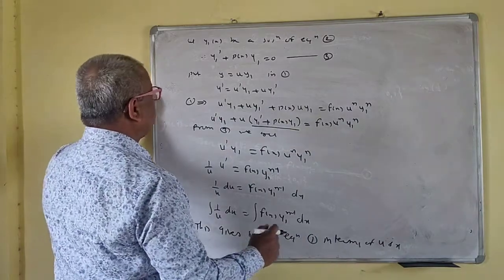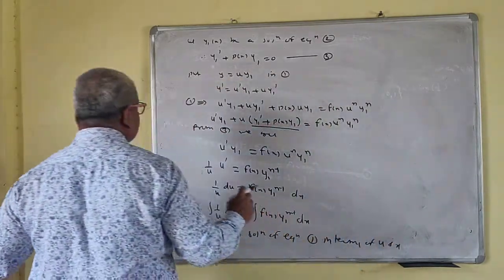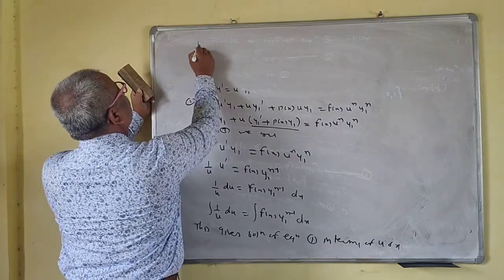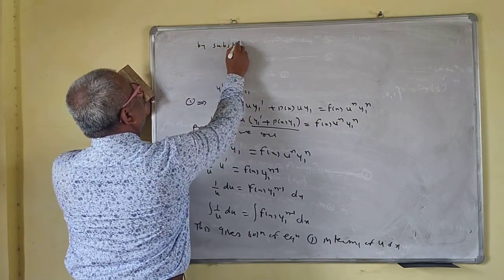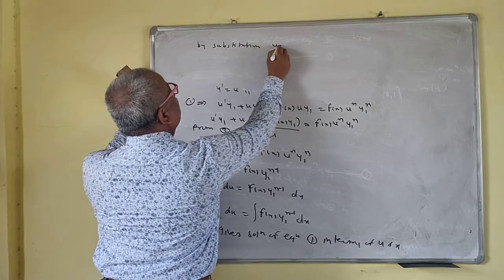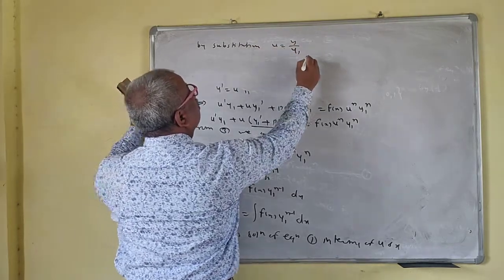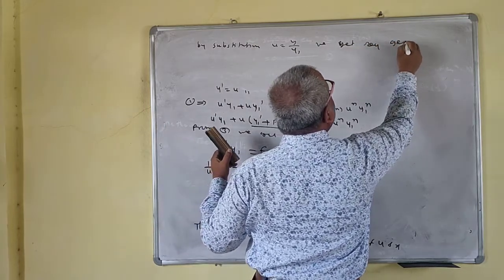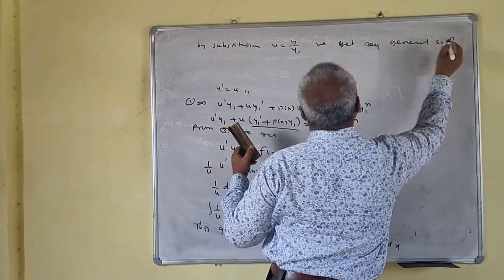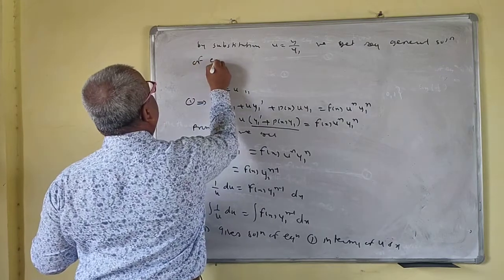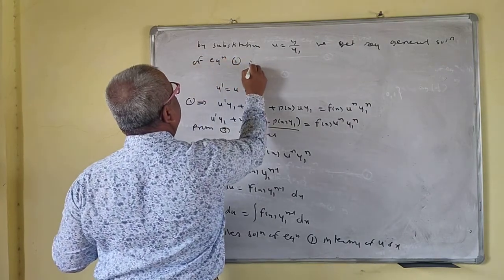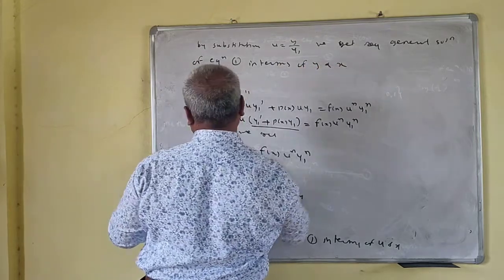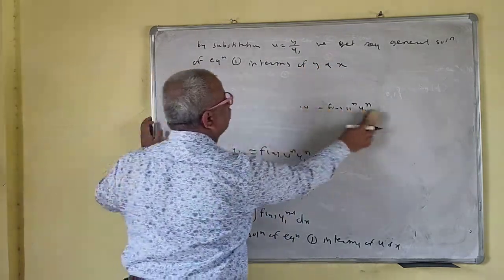By substituting u is equal to y upon y1, we get the required general solution of equation 1 in terms of y and x.